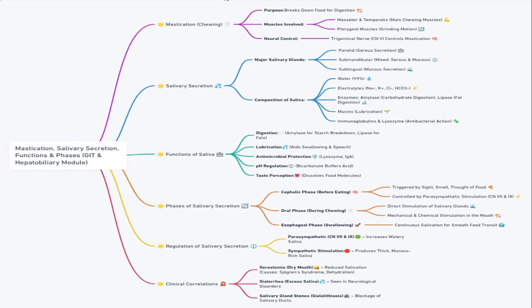That's for the proline-rich proteins, with the cell type being acinar and the glands being parotid and submandibular glands.